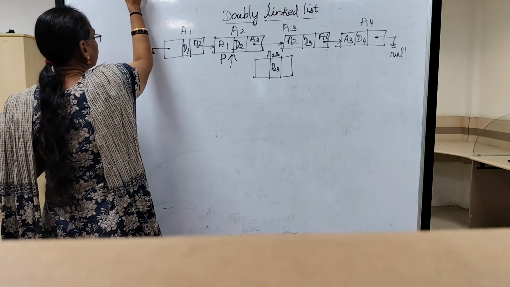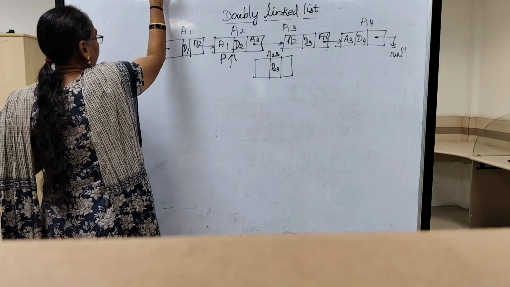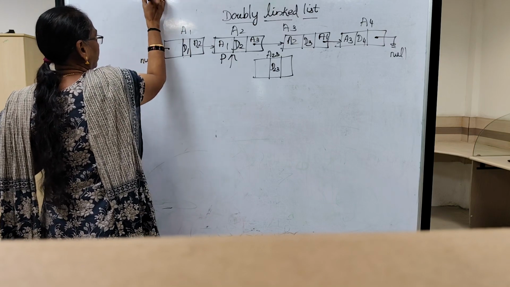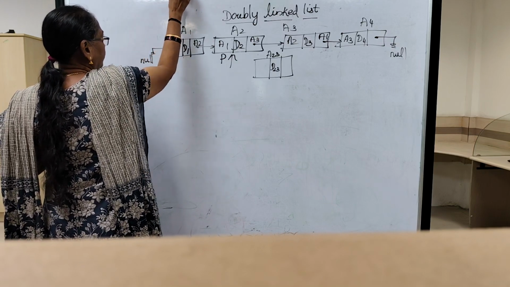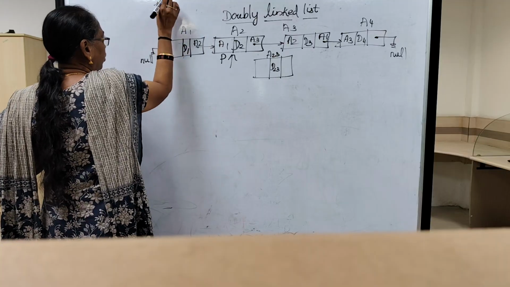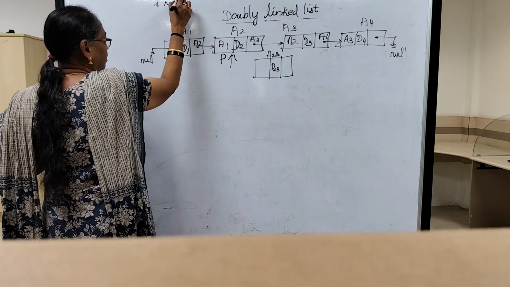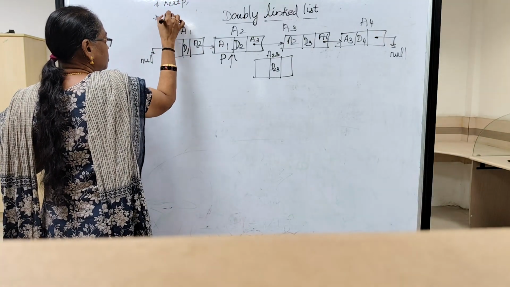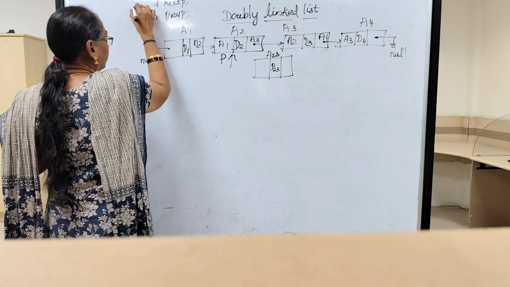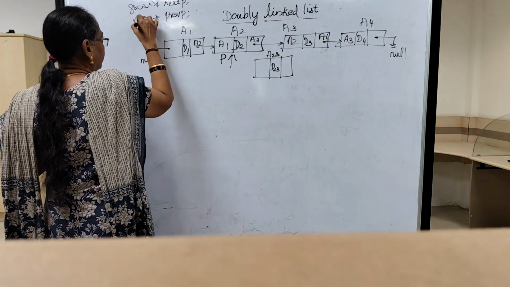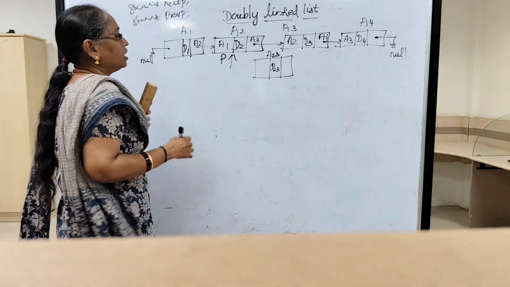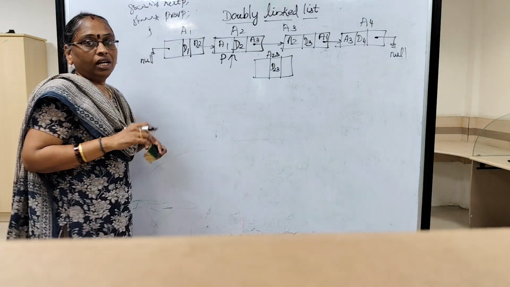Now we can have the structure with one data and two pointers. One is the next pointer, the other one is the previous pointer. Both of type struct, because it is going to point to another structure node, right?